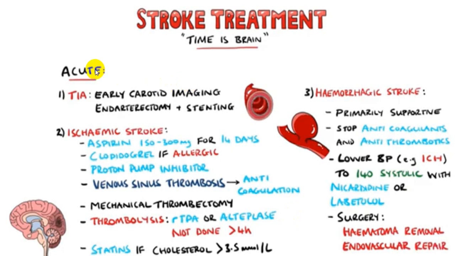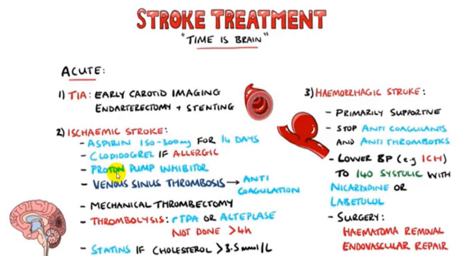So, during acute treatment in TIA, early carotid ultrasound or imaging, and you can go for endarterectomy and stenting. In case of ischemic stroke, start with dual platelet therapy, but aspirin should be given immediately for 14 days, and then clopidogrel may be added.